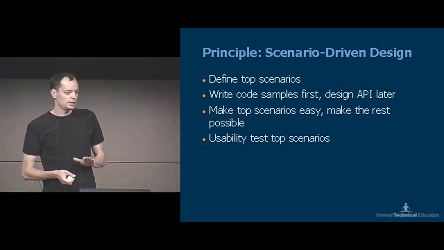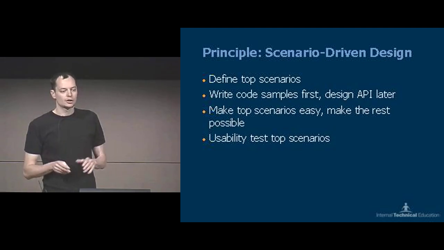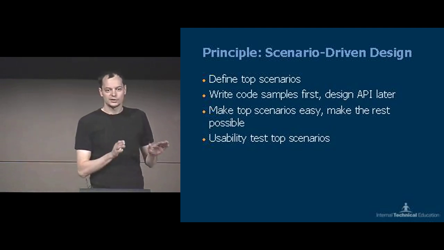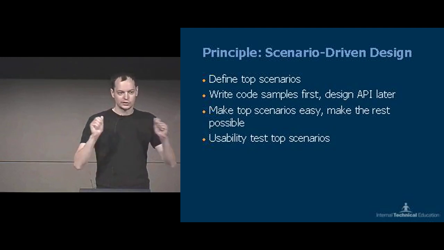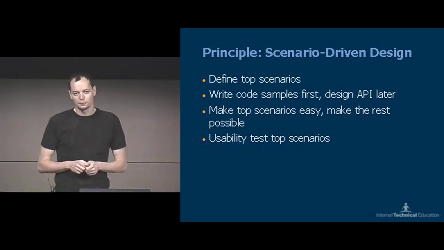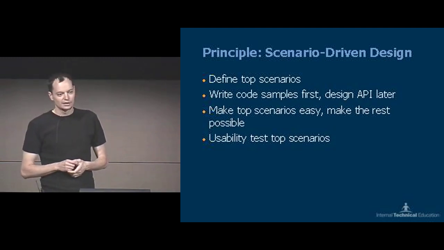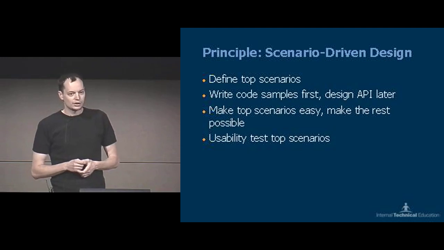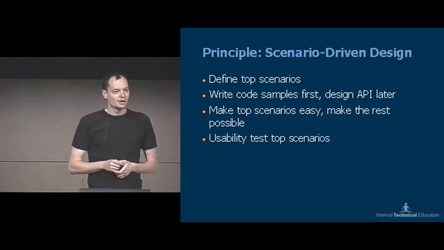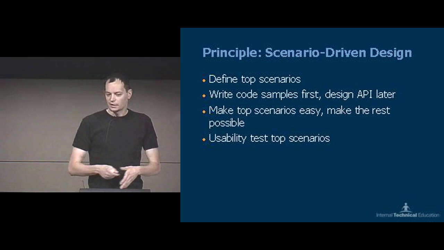when you design APIs, you should first start by writing the code that you would like your users to write when they code to your API. A common mistake is to say, hey, I'm going to just open Visio or some object modeling tool and design my great object model using some object-oriented methodology, and then I'm done.